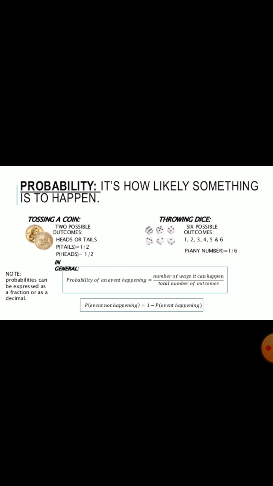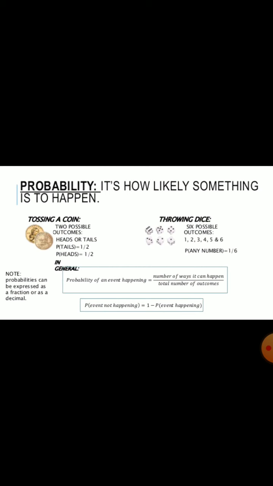Here the formula of probability is number of ways it can happen, means that we want, upon the total number of outcomes. Probabilities can be expressed as a fraction or as a decimal.